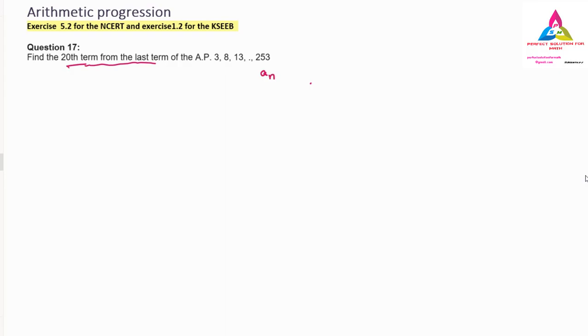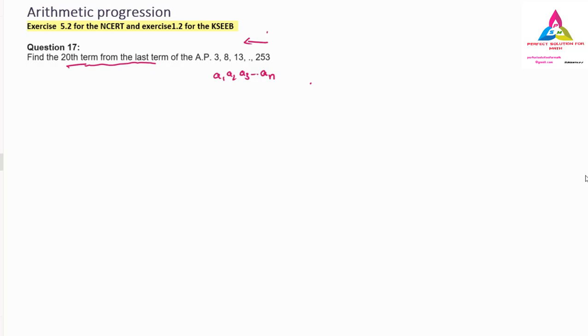253 we can consider the last term as an, and 3 will become a1, 8 will become a2, and 13 will become a3, and so on to an. But in this case, they have asked you to find the 20th term from the last term, which means you have to come back from here. That is, 253 will become the first term, because from the last term, 253, you have to come back to the 20th term.